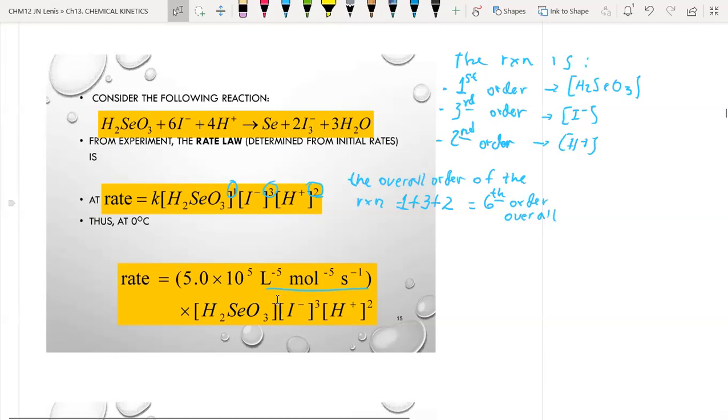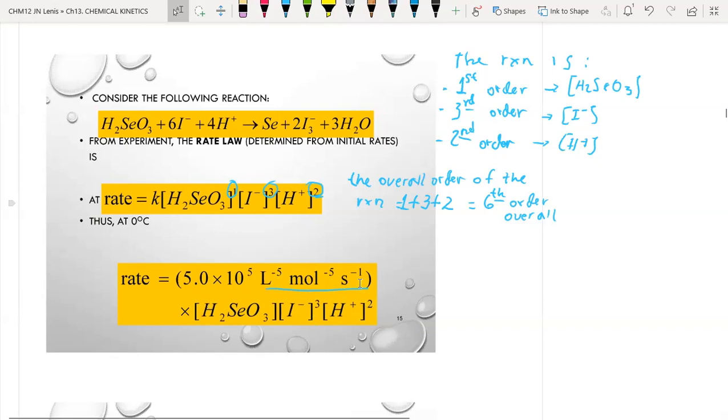If you don't know, just put a letter M, times the concentration of the second reactant elevated to the order found through the experiment, times the concentration of the next reactant elevated to the order found experimentally, times the concentration of the next reactant if you have it, and that's it.